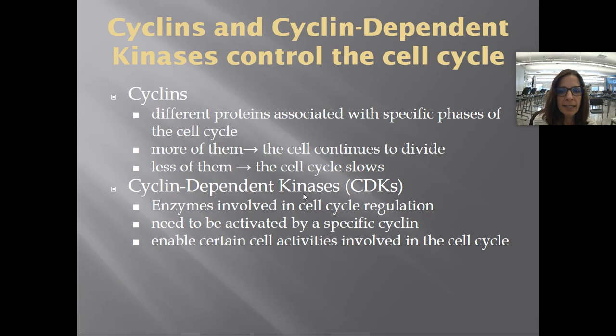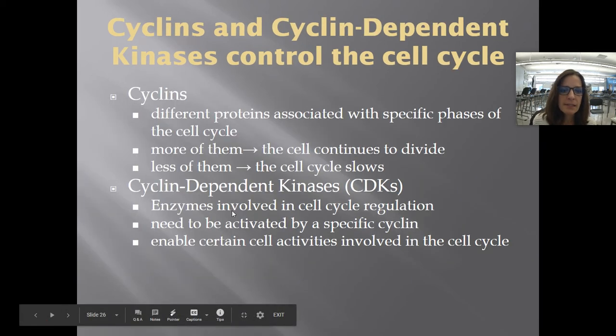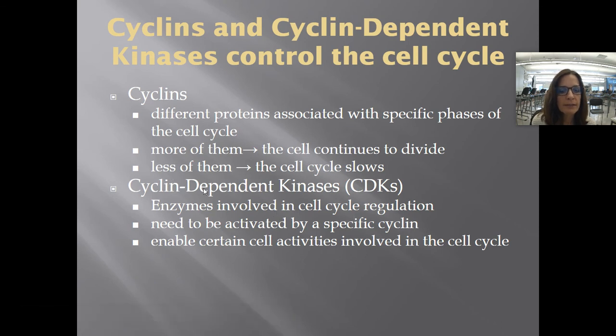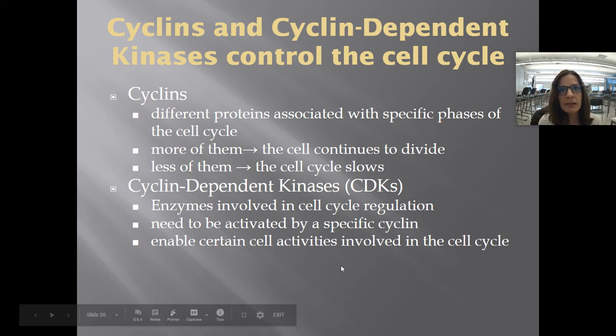And cyclin-dependent kinases, they need the cyclins to activate them. So they're specific. So just like enzymes have a substrate, right, that's going to bind to them, kinases are enzymes, and these are going to attach to a specific cyclin, and they're going to turn into something that allows the activities of the cell cycle to continue.